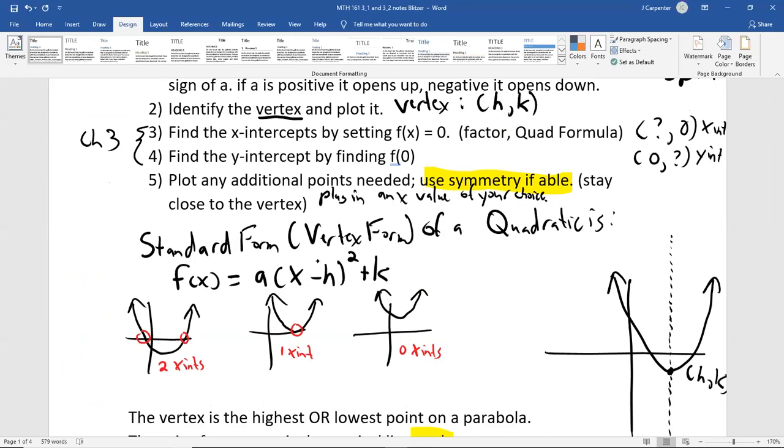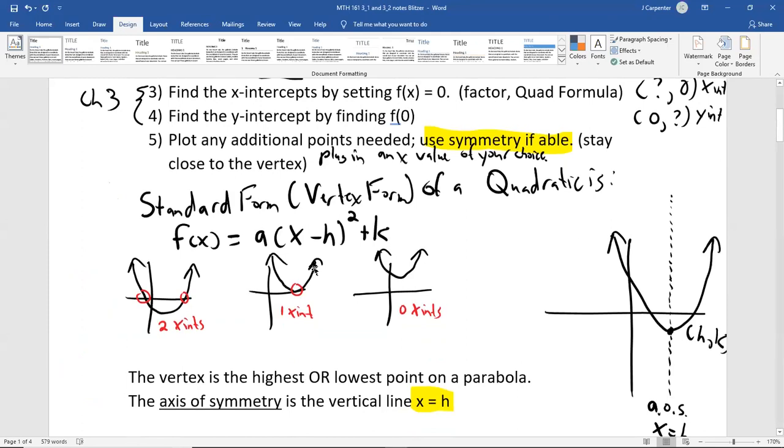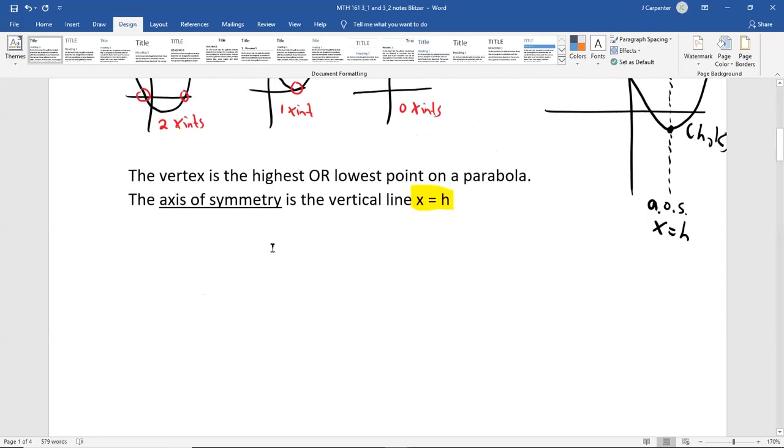We love this form because it immediately tells us the vertex. It immediately tells us whether it points up or down. And honestly, it's usually not that much work to find other points as long as you remember the plus or minus square root property. But there's another form, and it's called, and it's extremely boring, the general form.